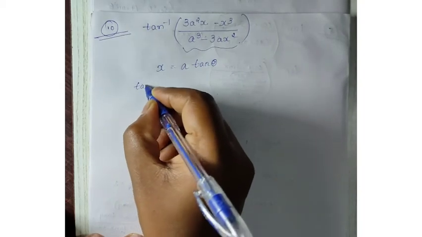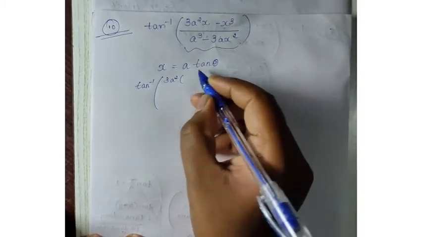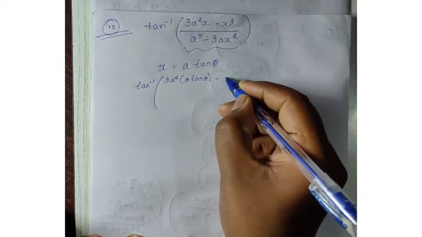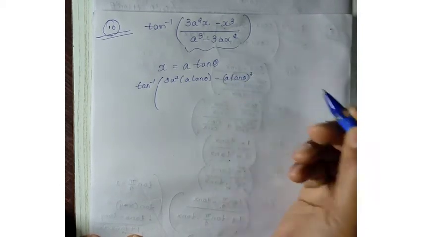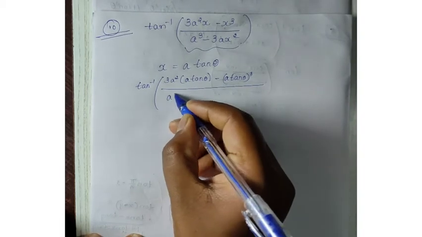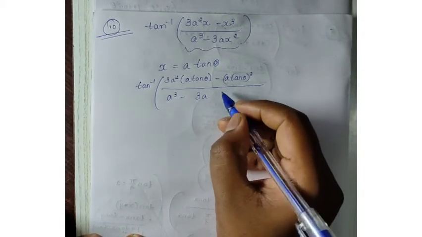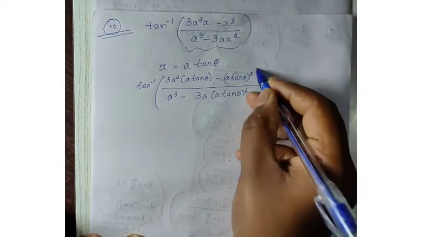So therefore tan inverse of 3a square x minus x cube, where x is nothing but a tan theta, minus a tan theta whole cube, divided by a cube minus 3a x square, that is nothing but a tan theta whole square.